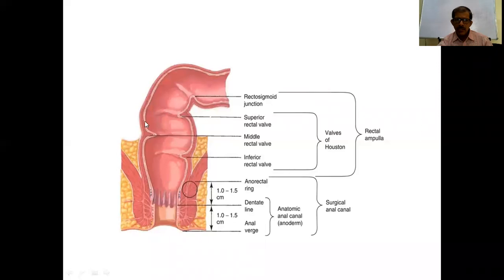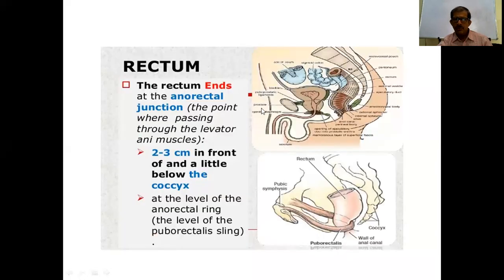So it is a fairly large volume structure, as you can see, compared to the anal canal. There is another curvature, that is the sacral curvature, which is the major curvature of the rectum. If you see the lateral view, this is the sacral curvature in which the rectum will exactly fit.